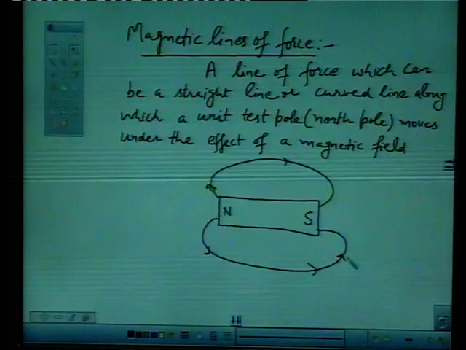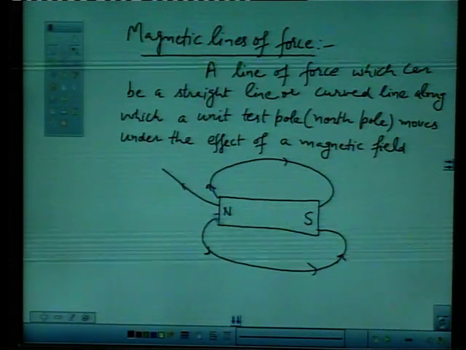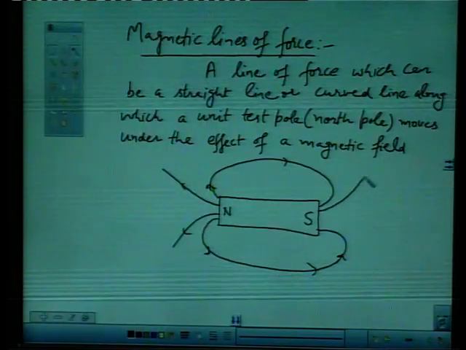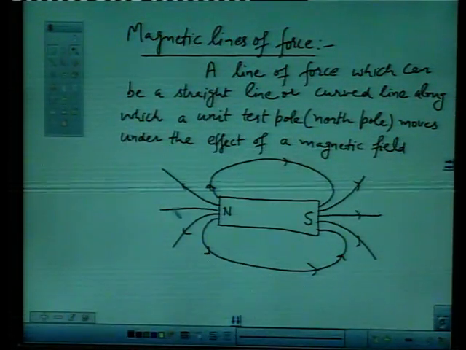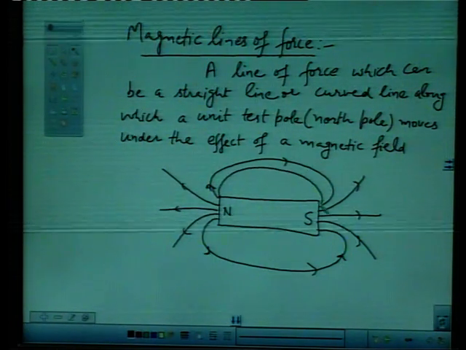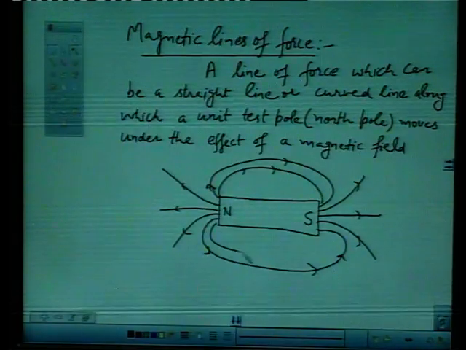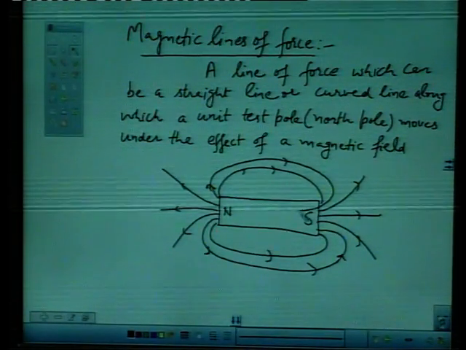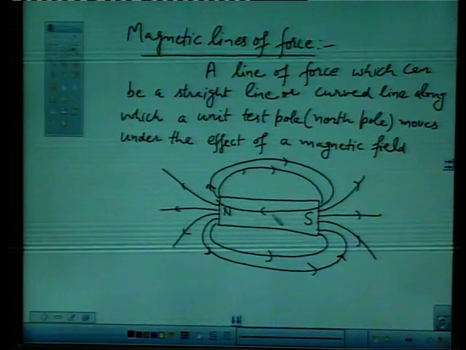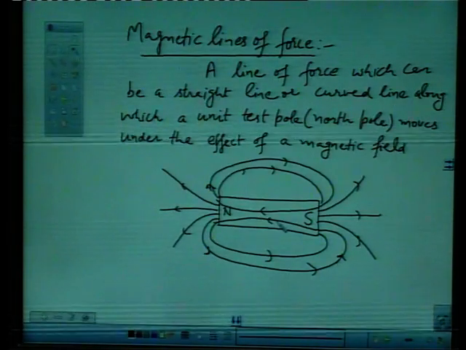The lines are like this, and these are the lines of force moving from north to south pole outside the magnet and from south to north pole inside the magnet. So, this is a magnetic line of force.